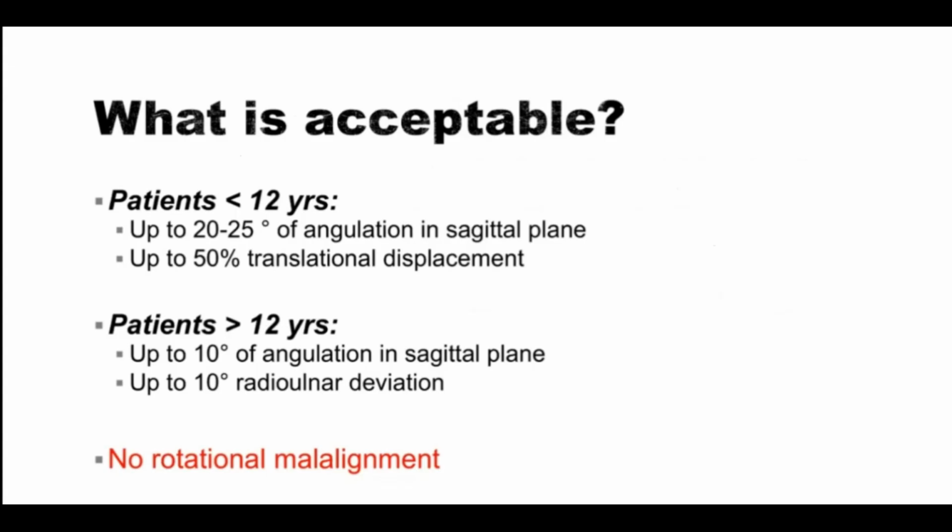What is acceptable if you're less than 20 to 25 degrees of angulation in the plane of motion, or the sagittal plane, is okay, and up to 50% translation. If you're more than 12, then usually 10 degrees of angulation and 10 degrees of radial ulnar deviation. And again, we talked about looking at the radial styloid and the biceps tuberosity to figure out the rotation.